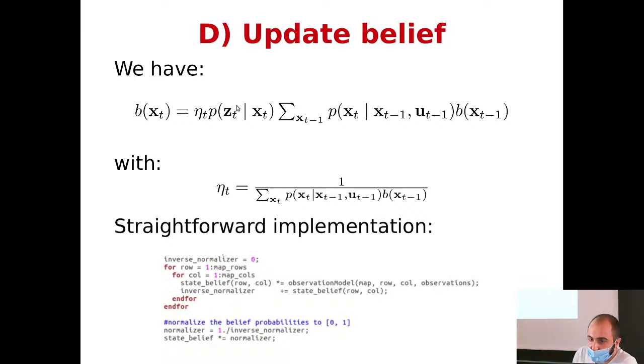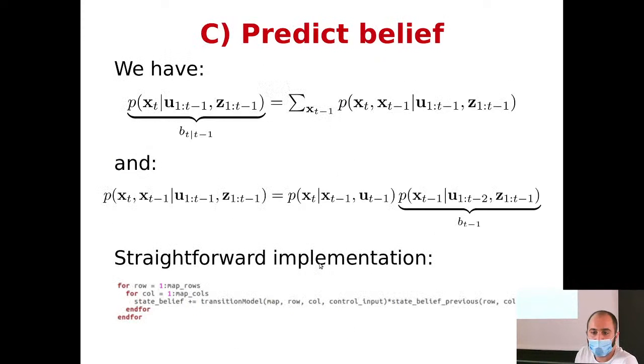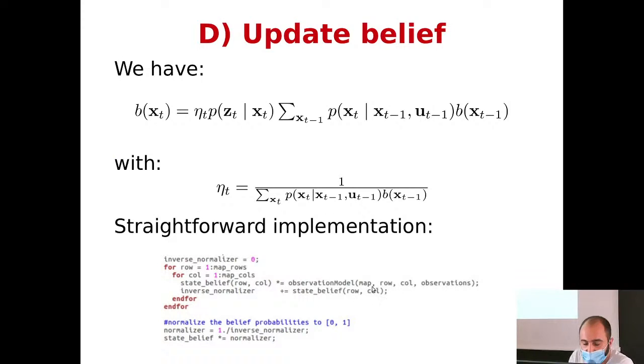So assuming that you know the state, and in this case you know also the map, what's the probability of seeing these bumpers on? So I give it the map, I give it the current location of the robot, xt, row and column, and I give the observations.